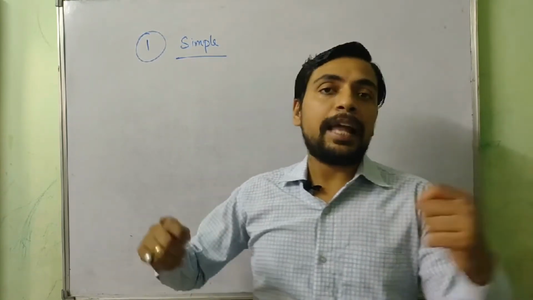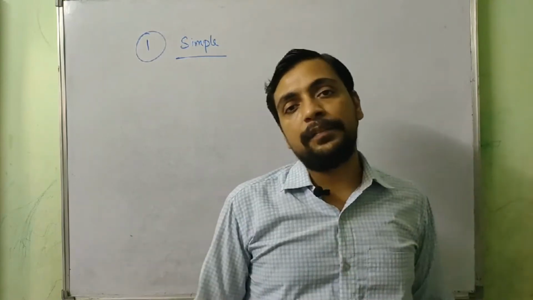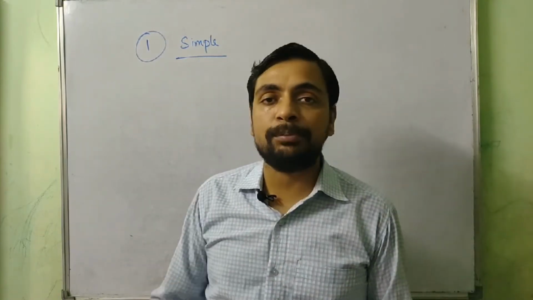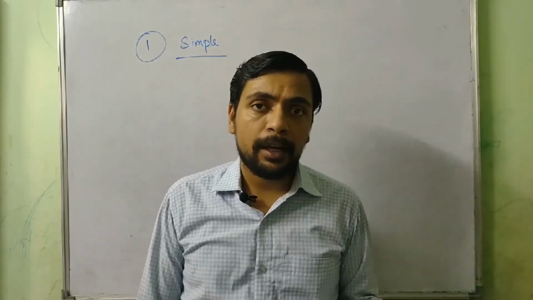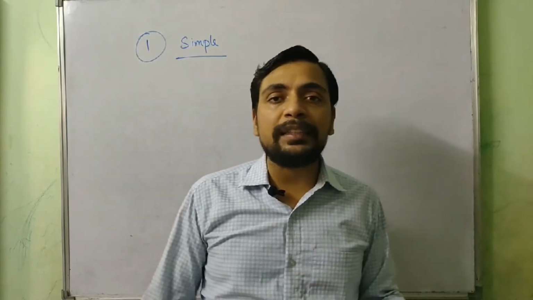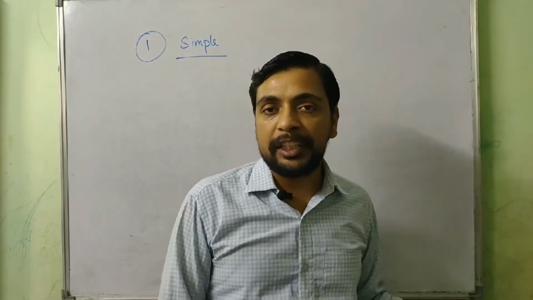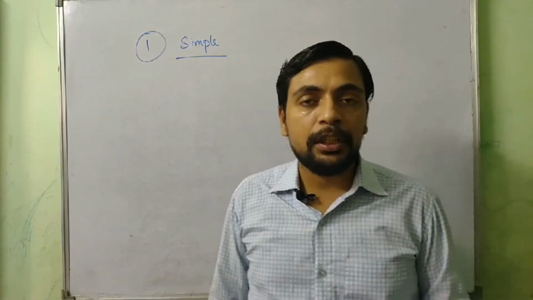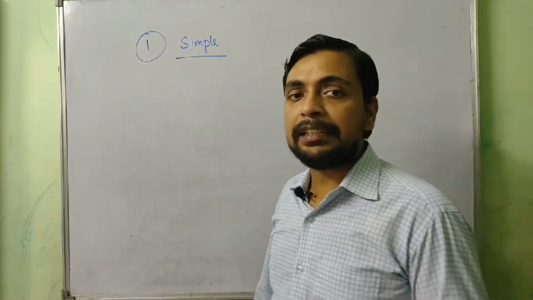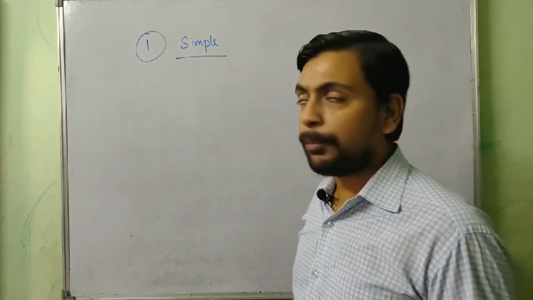And there were languages before Java which were called object-oriented programming languages. One of the famous ones was C++. Though later on it was proved that C++ was not a pure object-oriented programming language. Well, we will discuss that in some other video lecture.